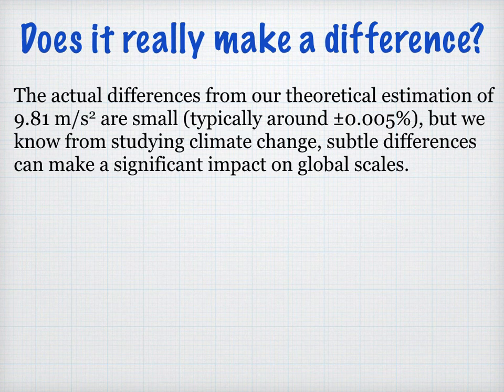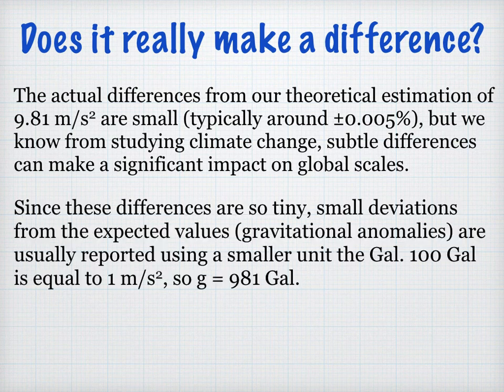The actual differences from our theoretical estimate of 9.81 meters per second squared are small, typically plus or minus 0.005%. But we know from studying climate change, tiny differences can make a huge impact when we're talking about global scales. Since these differences are so tiny, small deviations from expected values, called gravitational anomalies, are usually reported using a smaller unit called the gal.